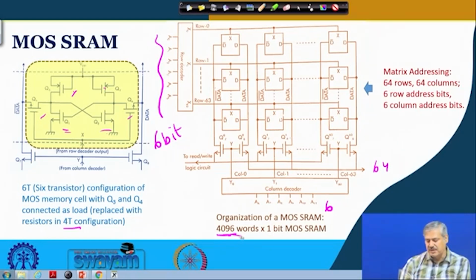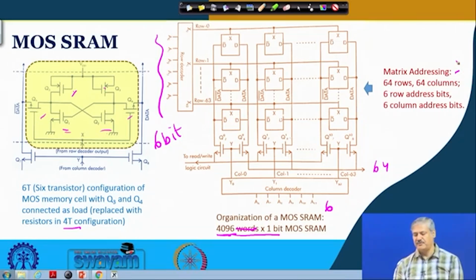So this is 4096 into 1 bit MOS SRAM. This is bit organized. Is it fine? Right. And this is matrix addressing. Fine.